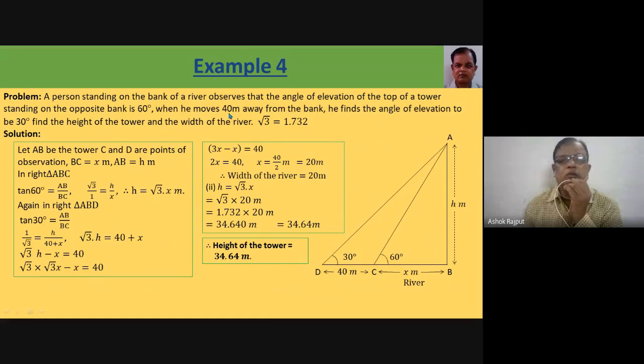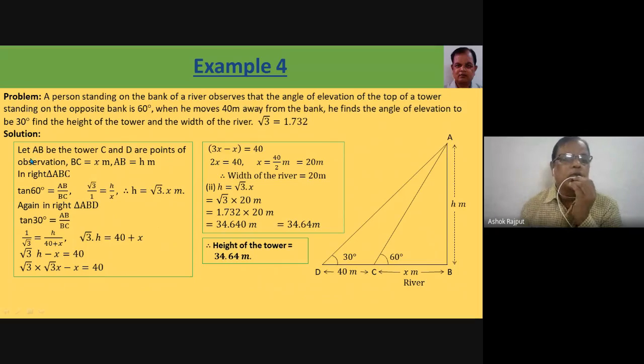When he moves 40 meter away from the bank, he finds the angle of elevation to be 30 degree. Find the height of the tower and the width of the river. As we are seeing here, height of the tower is h and width of the river is x. It is 40 meter. The angles of elevation given here are 30 degree and 60 degree.